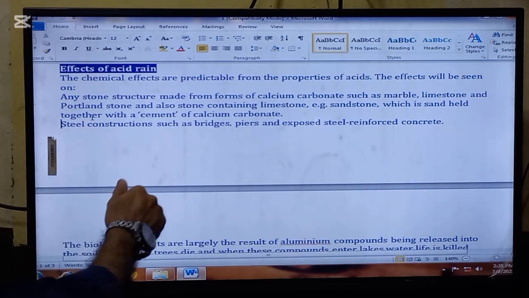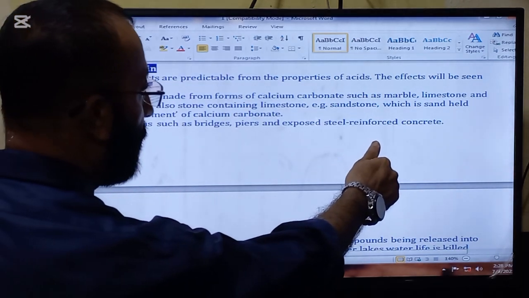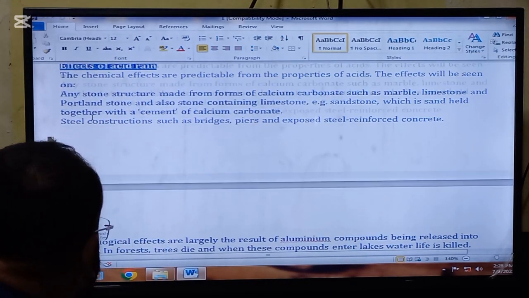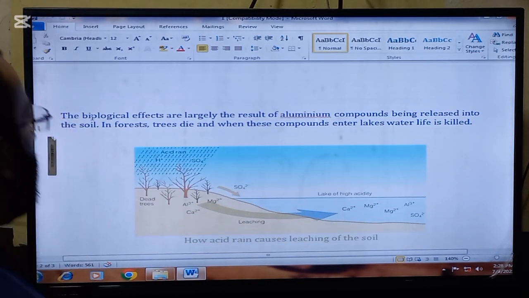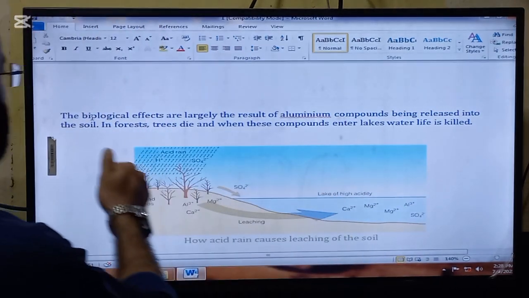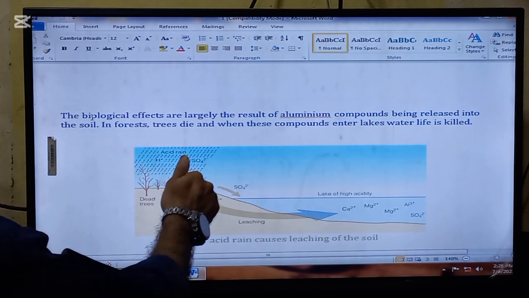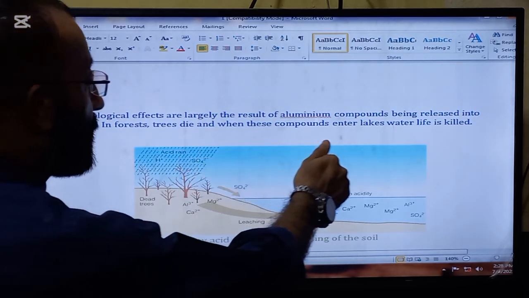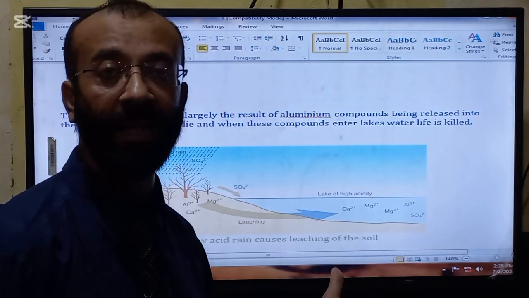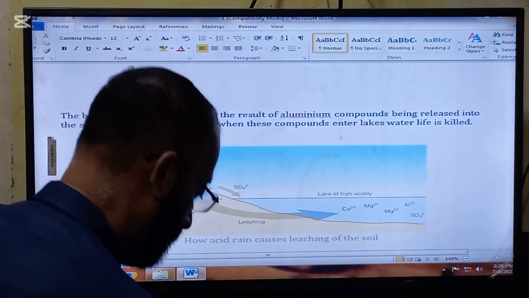Steel constructions such as bridges, piers and exposed steel in reinforced concrete are also affected. The biological effects are largely the result of aluminium compounds being released into the soil. In forests, trees die, and when these compounds enter lake water, life is killed. These are the damages done by acid rain.